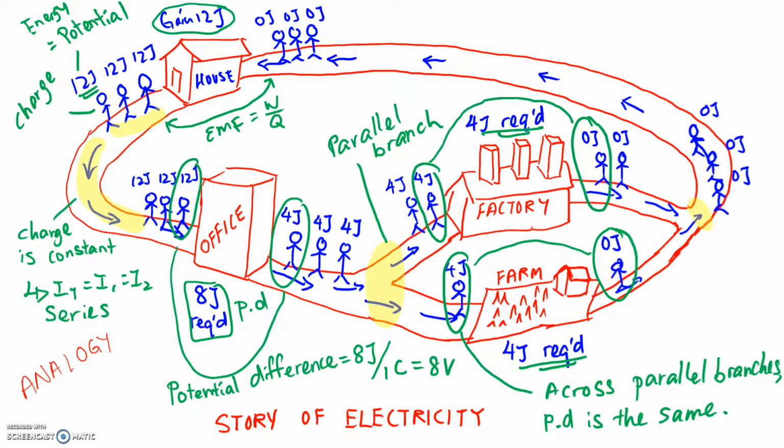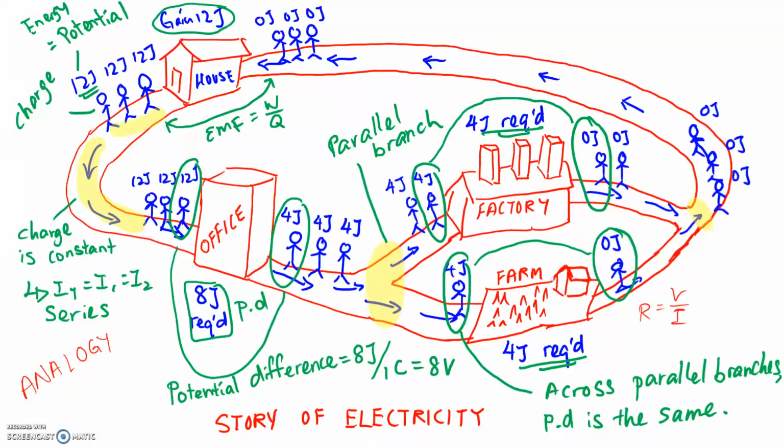Now, of course you might be wondering, then how do we know about the resistance? If you recall the formula R equals V over I, the potential can be the same, but because of a difference in the resistance, the current will be different. And if you look at this diagram, which one do you think has a lower resistance?